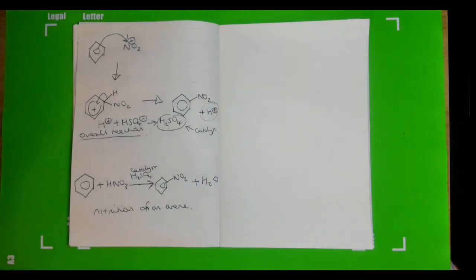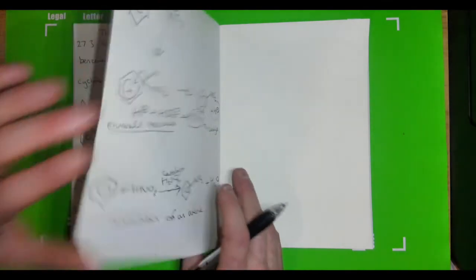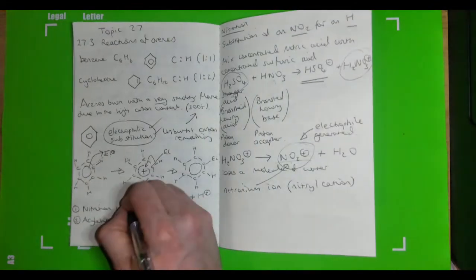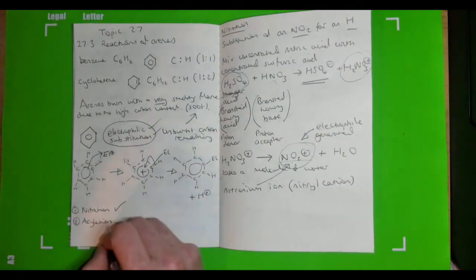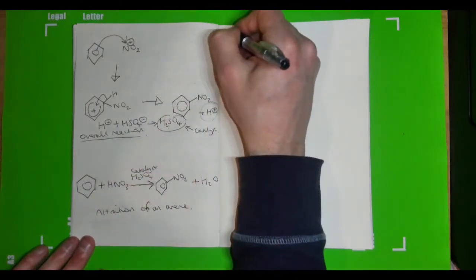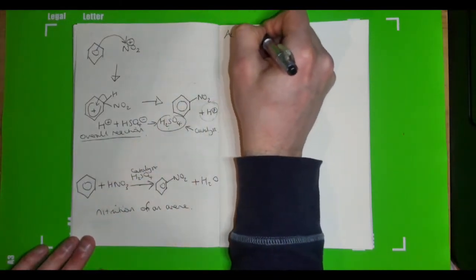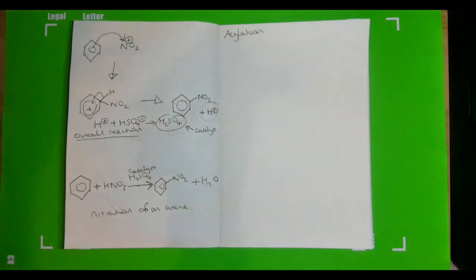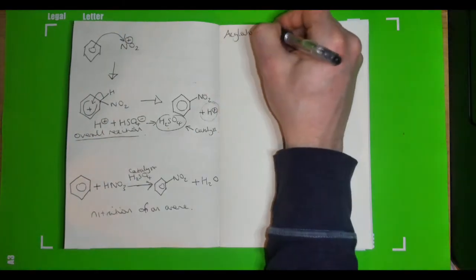Okay, we're going to look at the next type of mechanism now. So we've done nitration, let's tick that off. We're now going to look at acylation. Now there's another name for acylation, okay? And the other name is Friedel-Crafts.